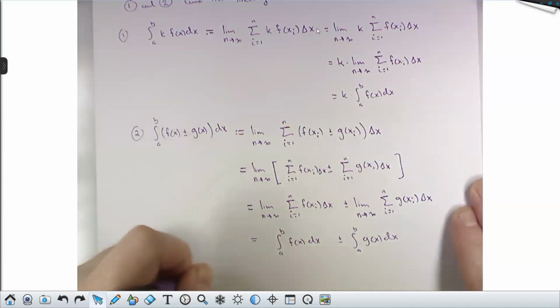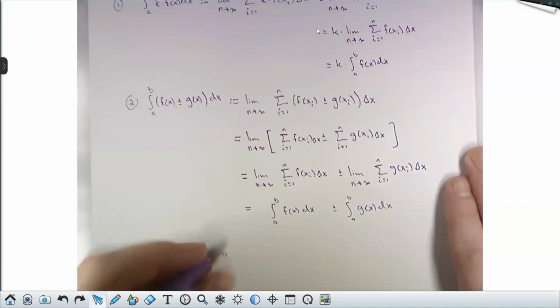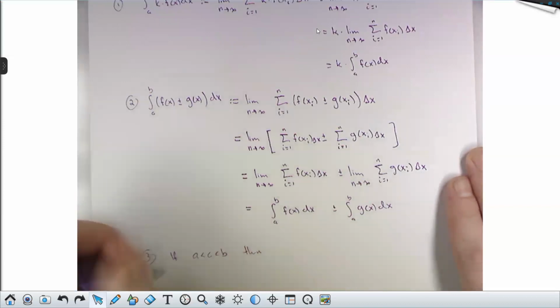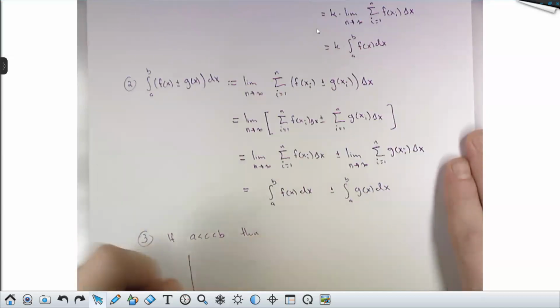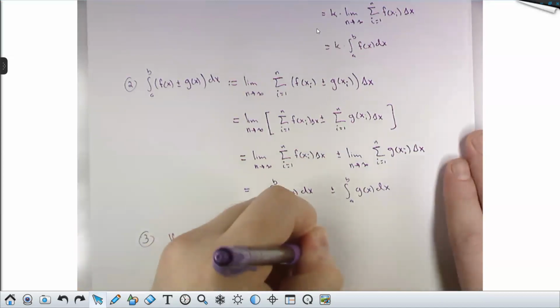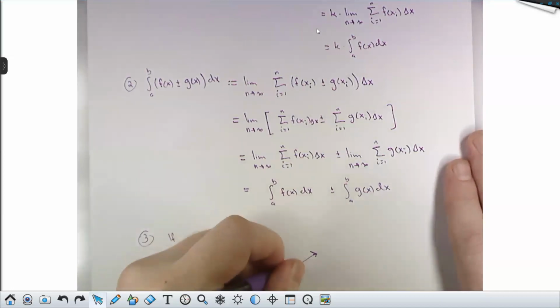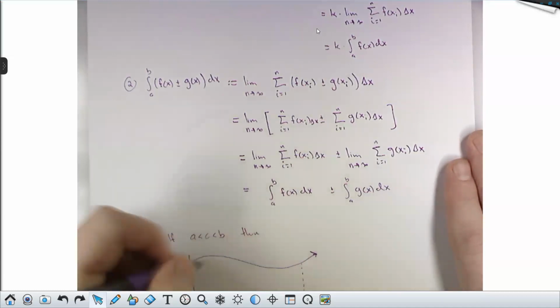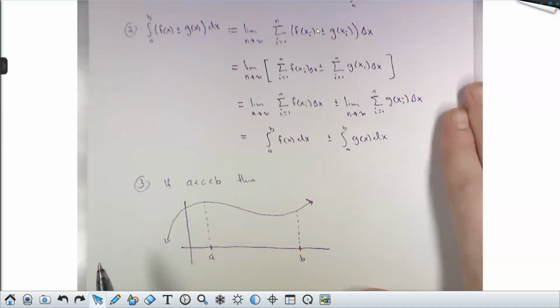If a is less than c is less than b, that means c is in the middle of a and b, then let's draw the picture. Maybe here's a, over here is b. And remember, c is assumed to be between them.